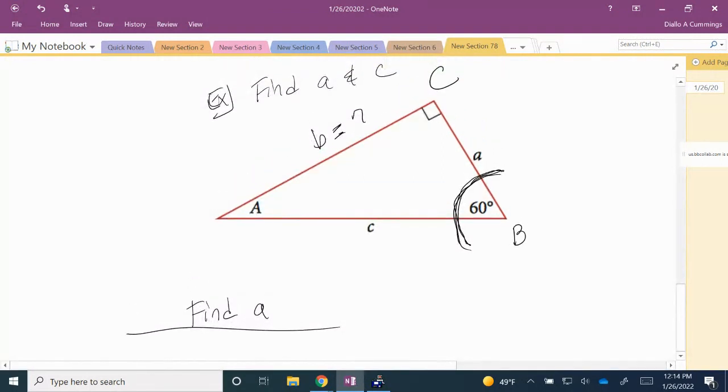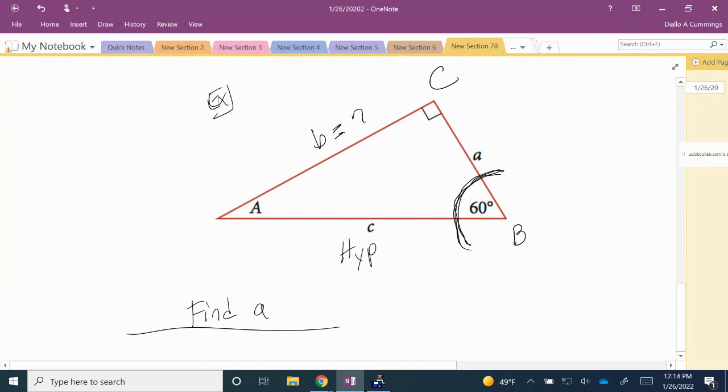Now I'm going to label all of my sides. First thing I'm going to do is label the hypotenuse. My right angle is angle C, so the hypotenuse is opposite angle C. So side length C is my hypotenuse. Next, I'm going to label my opposite.